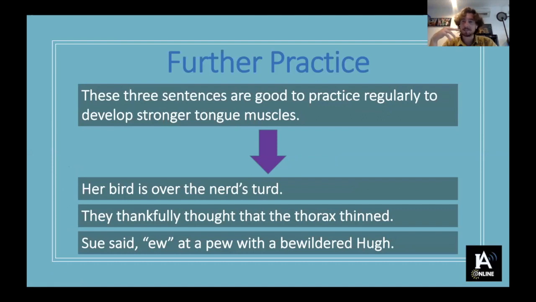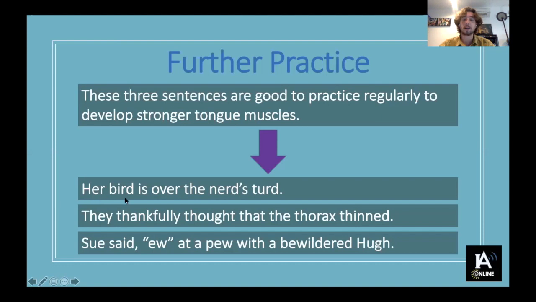They're good to develop the muscles on your tongue so that you can say these sounds very fluidly, because you need to practice in order to actually make the accent work, in order to actually sound like somebody from the United States. So, first one, say it exactly how I say it. Try to work on those tongue muscles.